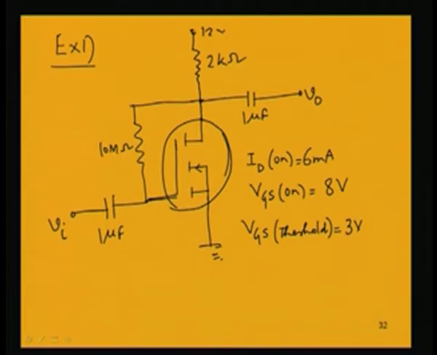You are to find out the operating point, that is, you have to find out the DC drain current and the drain to source voltage for the Q point.